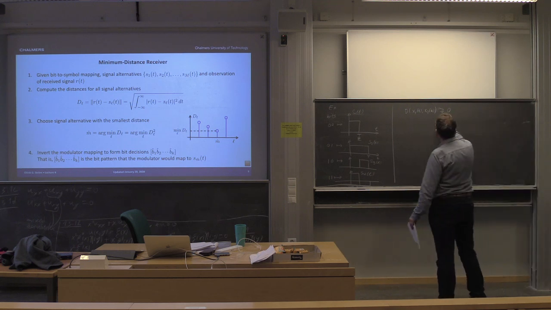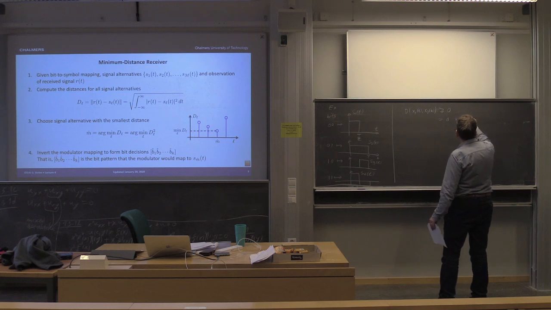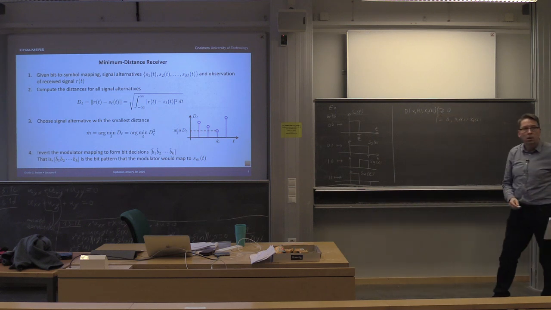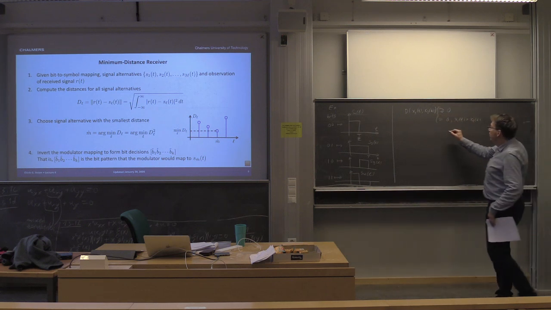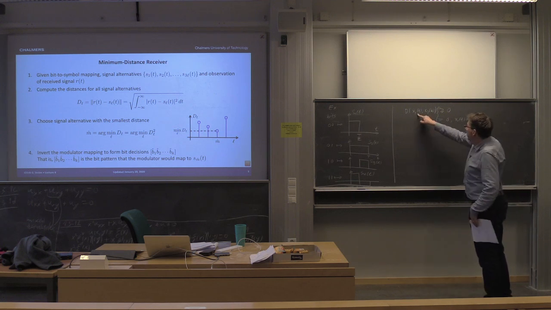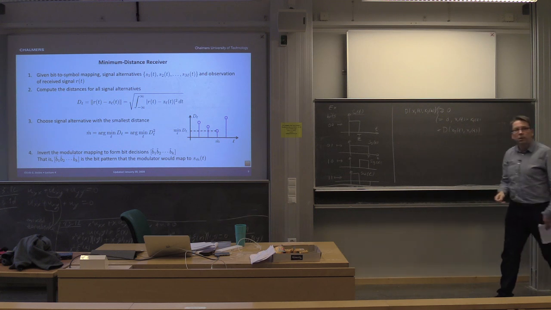We want this to be equal to 0 when x1 is equal to x2. Right? And we want it to be symmetric. We want the distance from x1 to x2 to equal the distance from x2 to x1. Symmetric.